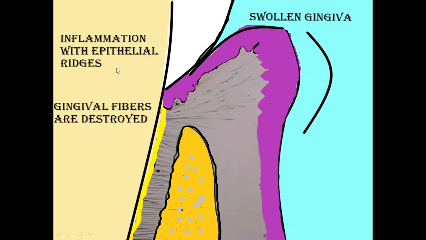But when inflammation is there, with epithelial ridges, finger-like projections start forming in the junctional epithelium, and the gingival fibers, the dentogingival fibers, are destroyed. Moreover, the gingiva is getting swollen because of the inflammation.